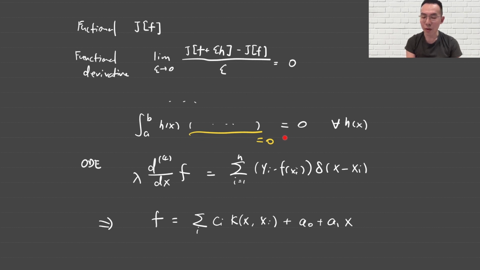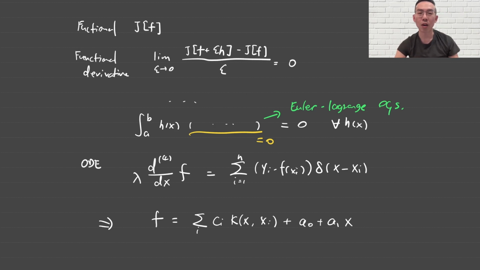We get the integral of h(x) times something equals zero, which means whatever is inside must equal zero. That gives a differential equation, and this becomes the Euler-Lagrange equation for the general case, for a general functional J of f. So that's what we're going to do now.